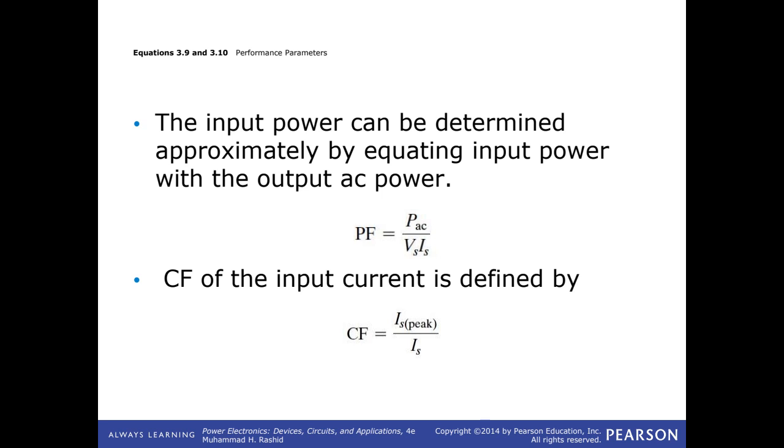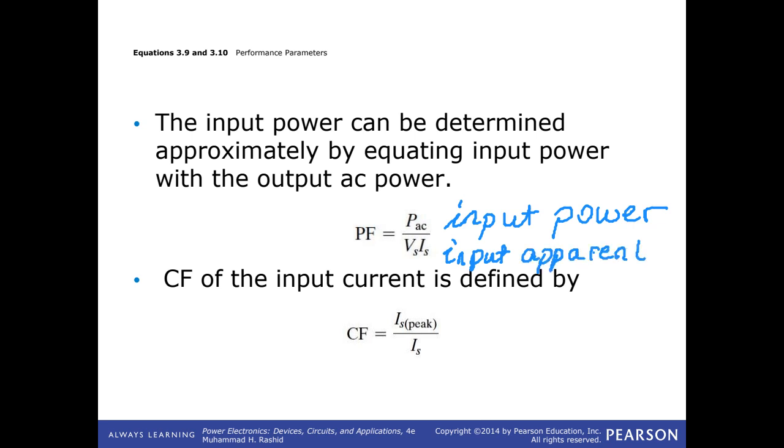Input power over input apparent power. Power factor çok önemli bir şeydir.